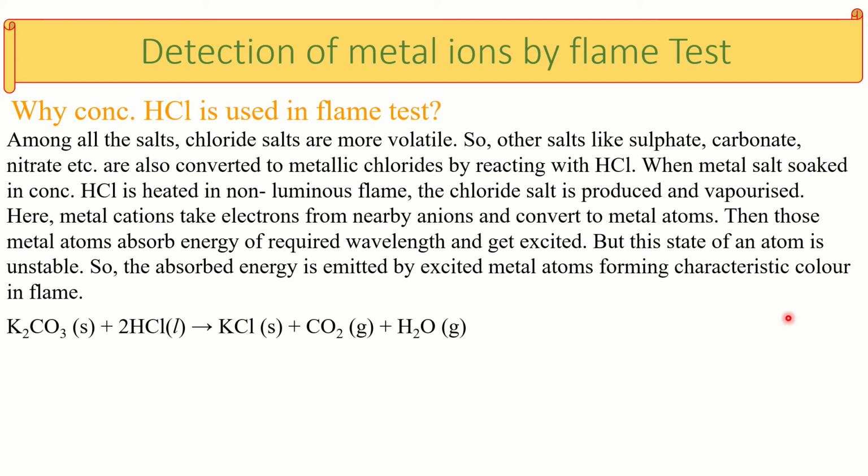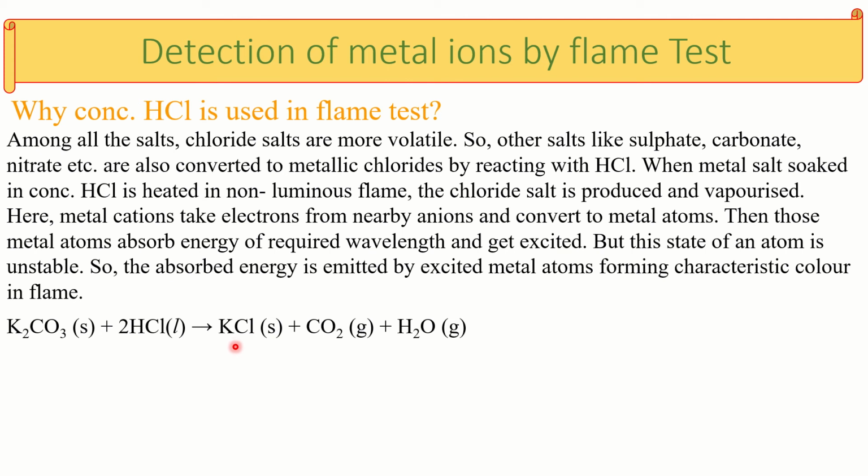Here, suppose potassium carbonate is taken to detect its cation in the flame test. When potassium carbonate is soaked in HCl, it reacts with HCl and produces potassium chloride, carbon dioxide and water. Now, potassium chloride is comparatively more volatile.